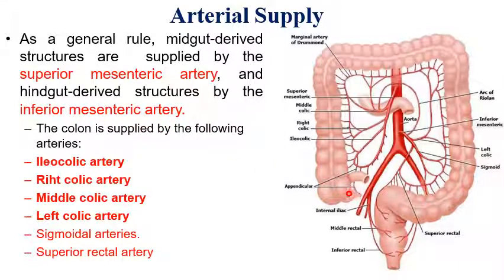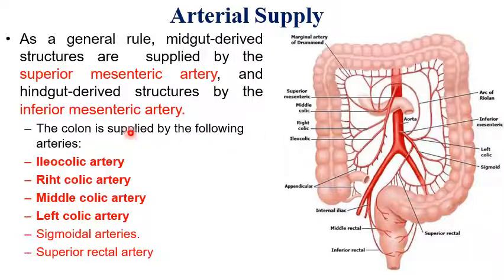So since we know that up to the right 2/3 part of the transverse colon comes in midgut, that part will be supplied by the branches of superior mesenteric. And the left 1/3 and the remaining part of the colon will be supplied by the branches of inferior mesenteric artery, because that is coming in the hindgut portion of the gut.